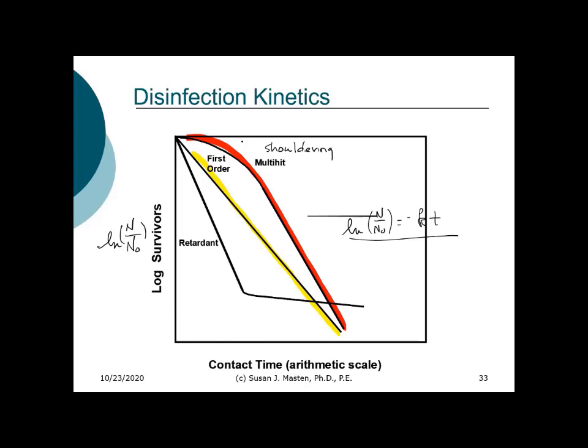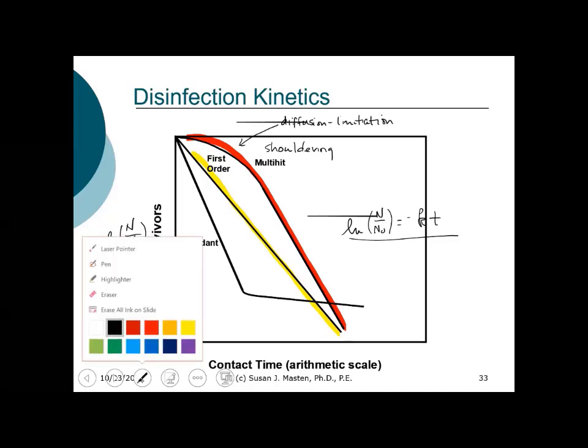Potentially what's happening here is we could have, for instance, diffusion limitation. So it takes a period of time for the disinfectant to actually diffuse into the cell. We need a threshold concentration, and then once that threshold concentration is reached, we start to see more effective inactivation or death of the organism.